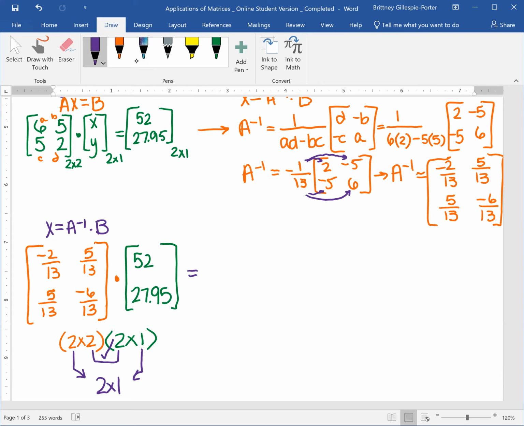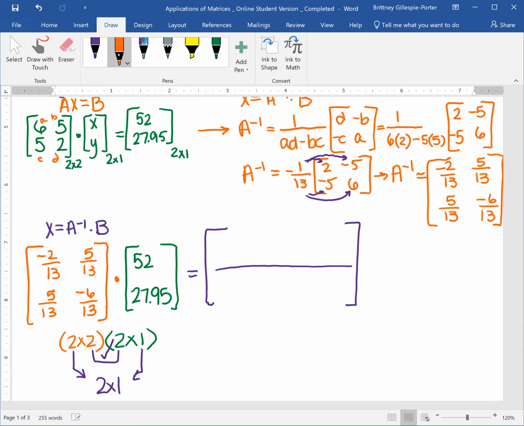Okay, since I need a 2 by 1, that means I need 2 rows, 1 column. We're going to show all of our work. We're going to have row 1 up top, row 2 down below, and column 1. They're both in the first column. And we are going to do RC COLA, rows by columns.